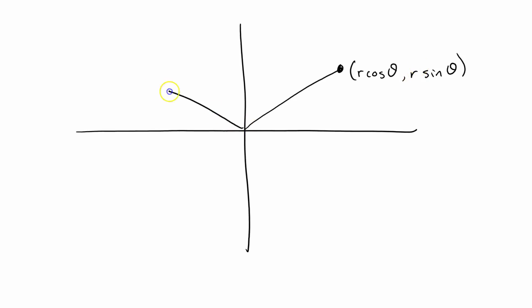And that works anywhere. This one right here is also going to be r cos theta and r sine theta, where r is the length of the terminal arm, which of course is this.